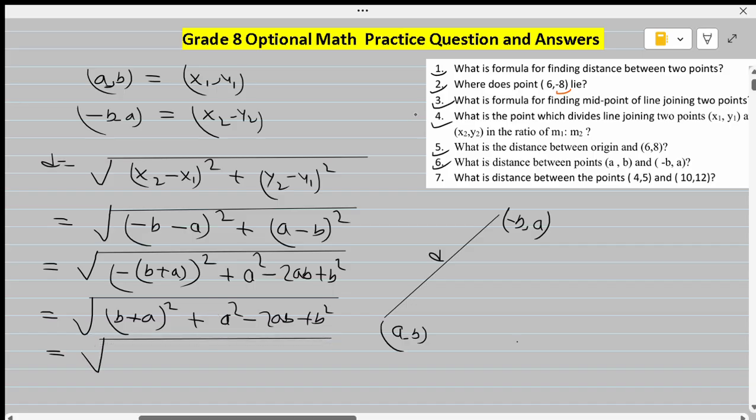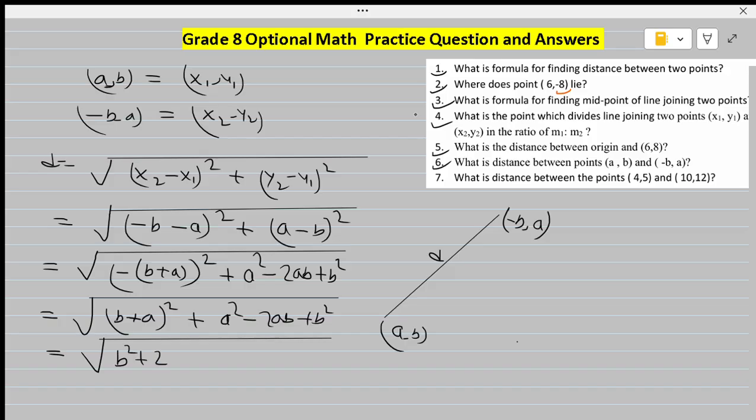So we're seeing here (b plus a) whole square, so b square plus 2ab plus a square, and then a square minus 2ab plus b square, and you see one term same with plus and minus which you can cancel. So plus 2ab and minus 2ab get cancelled, and then it results in root over of a square and a square added, 2a square, b square and b square added, 2b square.